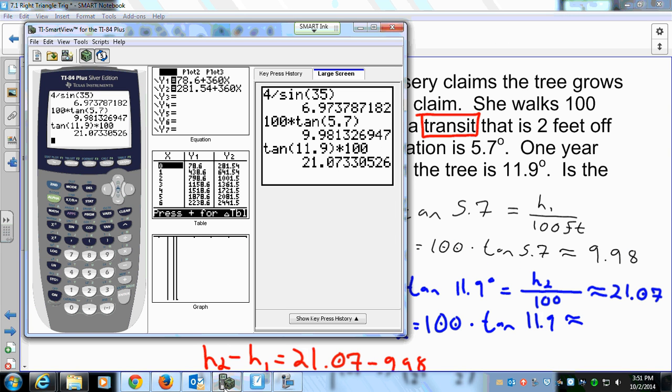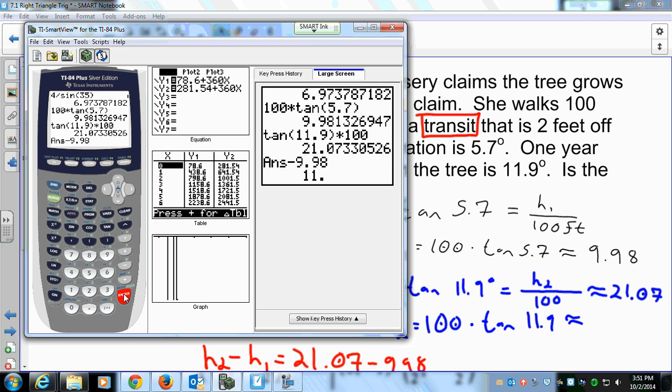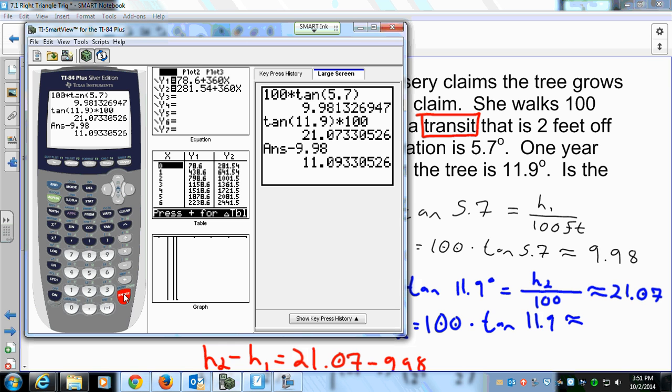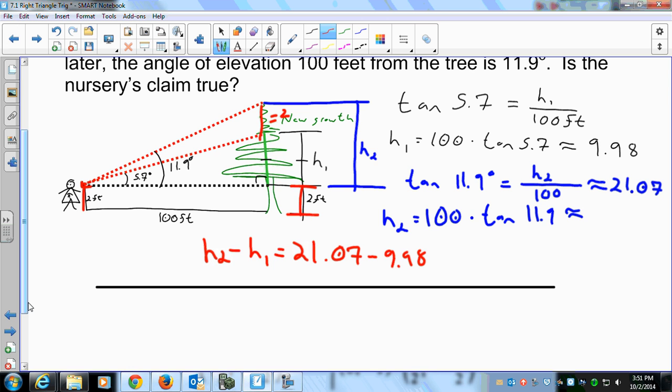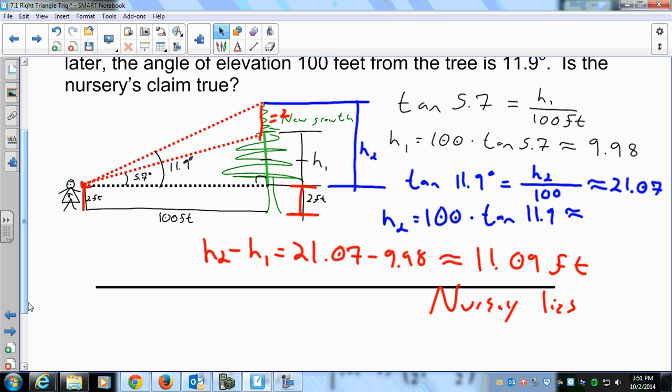So second answer minus 9.98, and I see that we get 11.09 feet of growth. Feet of growth, so the nursery lies. So we'll do some more application problems tomorrow in class. Thanks for taking notes tonight.